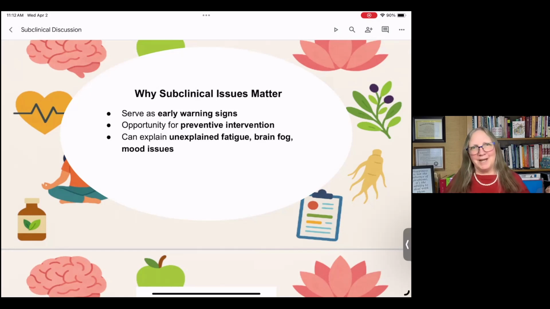Now, if you come to me and you have a clinical diagnosis, be aware that it's going to take longer to heal that clinical diagnosis than it would if you can catch it early and prevent a clinical diagnosis. Clinical being, as I said earlier, the ability for a lab to identify a specific disease, okay?